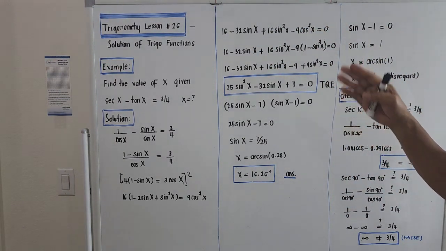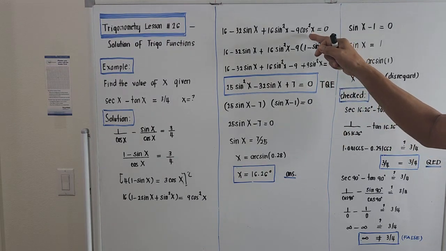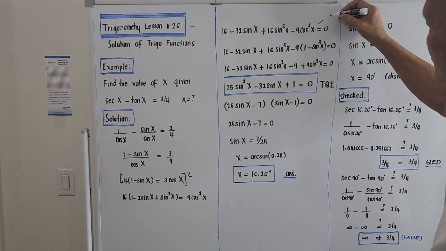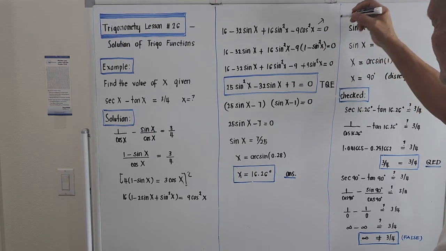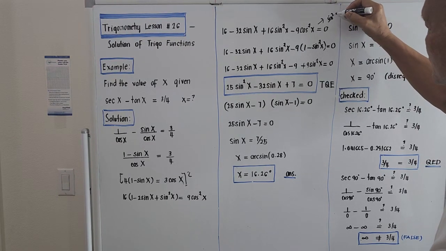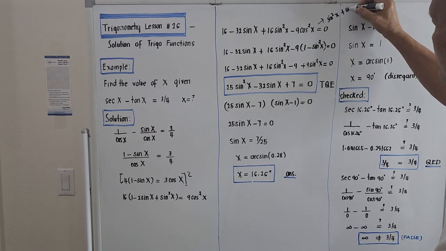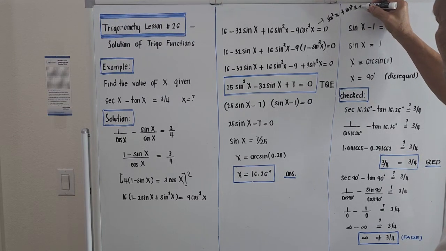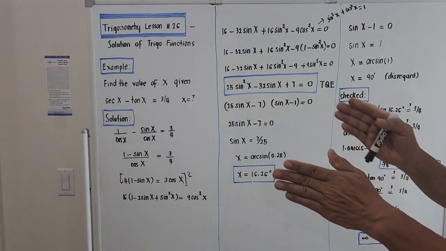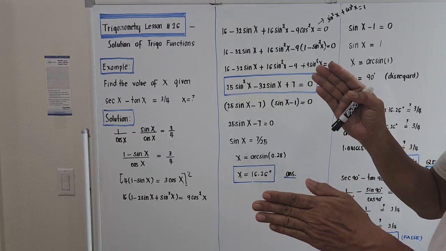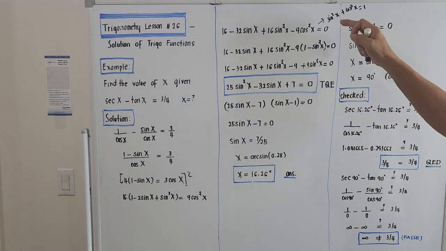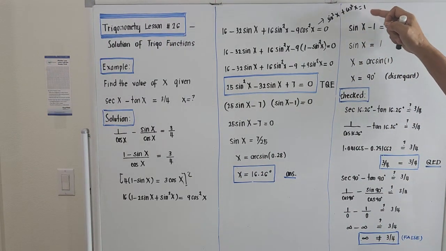So to solve for the unknowns, we must replace this cosine here by its equivalent. The equivalent of cosine is actually sine square of x plus cosine square of x is equal to 1, right? That was from the popular identity under the study of trigo, that is sine square of x plus cosine square of x equal to 1.